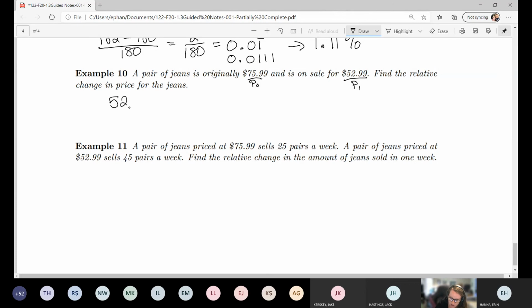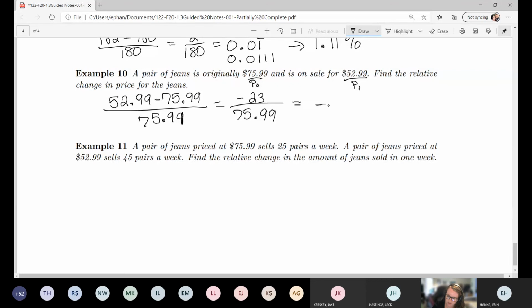So our relative change, ending value minus beginning value divided by beginning value, should get negative 23 over 75.99, which is negative 0.303. So a 30.3% decrease.